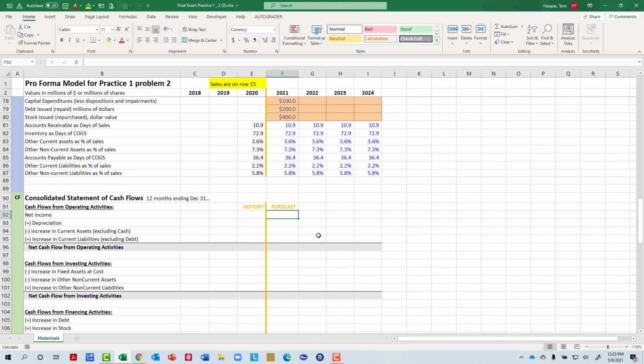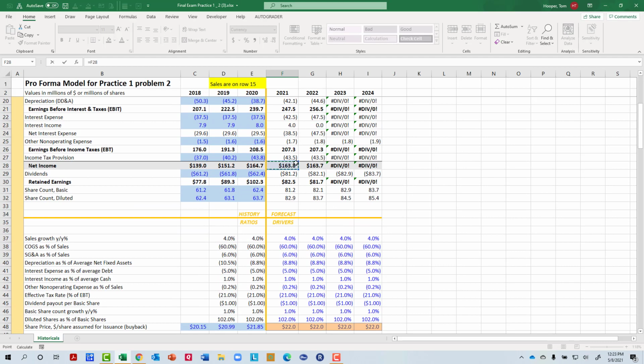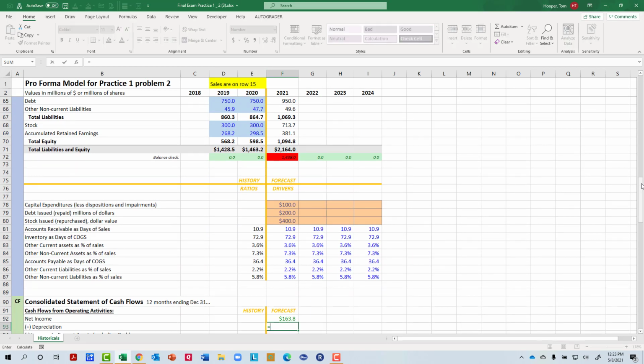That cash is going to begin with net income. We're going to add back, I'm just going to cheat and peek at depreciation's on row 20. So we're going to add back F20.